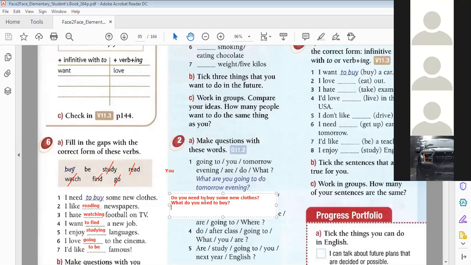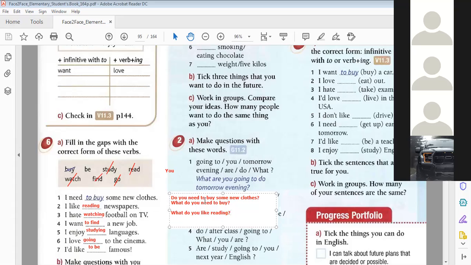Why did you change it to to? The beginning is correct. What do you like? Read a newspaper. But here there is no need for newspaper, right? What do you like reading?